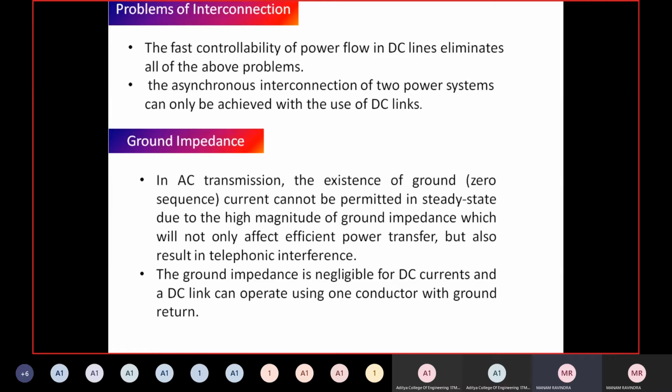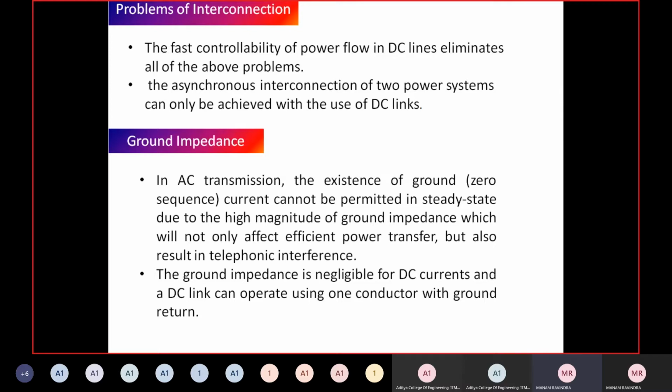Only one conductor will be there and the current will be flowing through the ground. We consider ground as the second conductor, the metallic return. The current will be passing through the ground here.